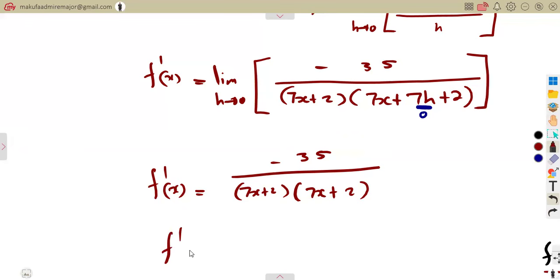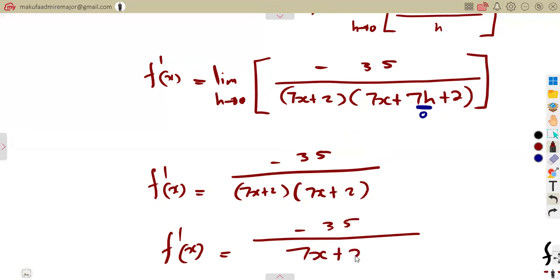So we can also write this answer as, remember, that's the product of two brackets. You can have it as 7x plus 2, everything squared like this. So that's how you can simplify this part.